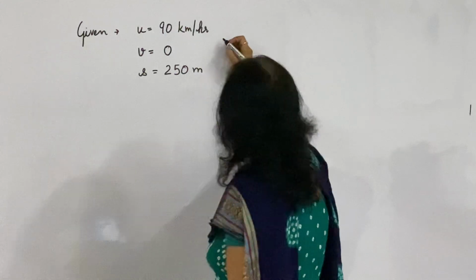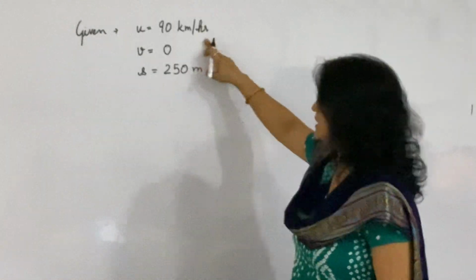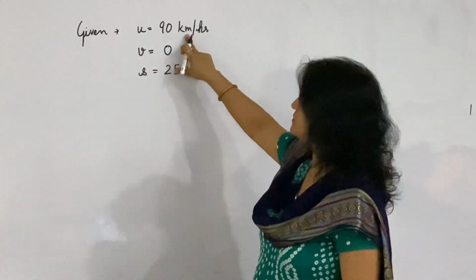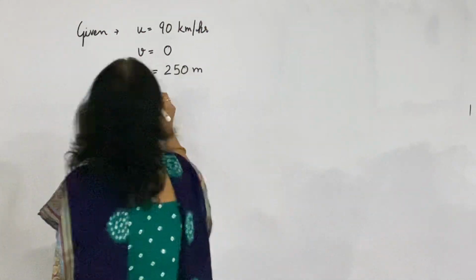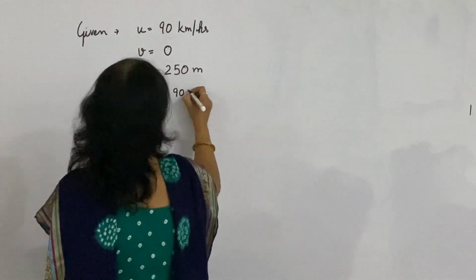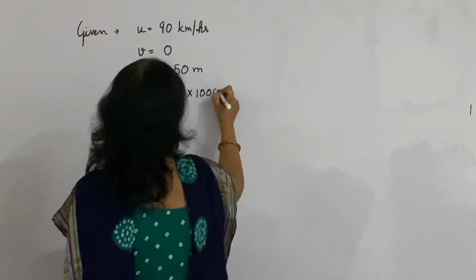So u is 90 km per hour. We have to convert this unit to the same system, that is meter and second. If the displacement is in meters, then the time is converted into seconds. Firstly, we convert u, that is 90 km, into meters: multiply by 1000.